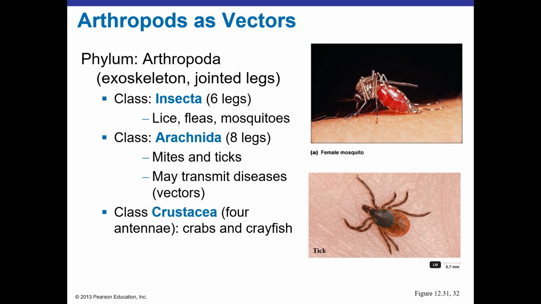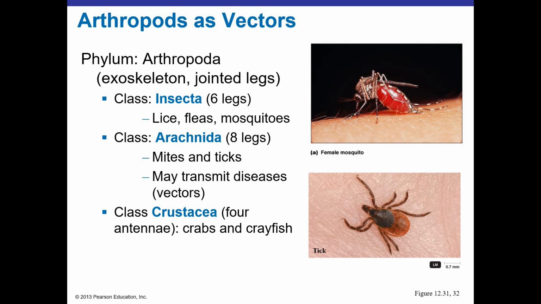So when we think about the arthropods as vectors, the main class are going to be the insecta, so those lice, fleas, and mosquitoes. The insects have 6 legs versus the class arachnida. The arachnids are going to have 8 legs. Mites and ticks are those that are going to transmit disease as vectors.